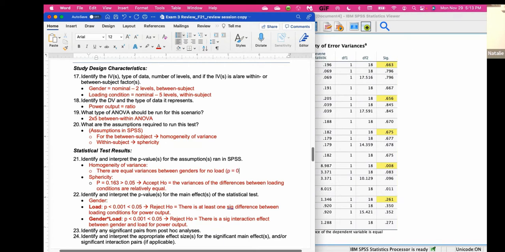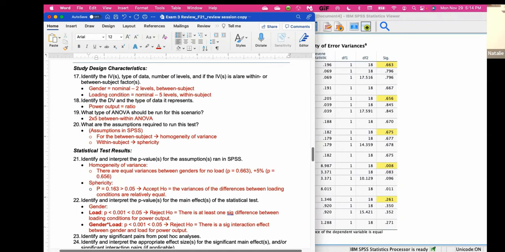So that would be p is equal to 0.663. The next p-value will be for the 5% load, which is equal to 0.656. Next one is 10%. That's 0.675.